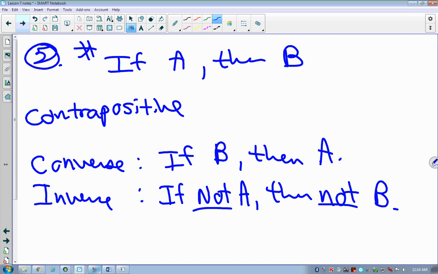Now keep in mind, if this was if not A, then B, then down here would be the opposite: if A, then not B. So my original statement can have a not in it.